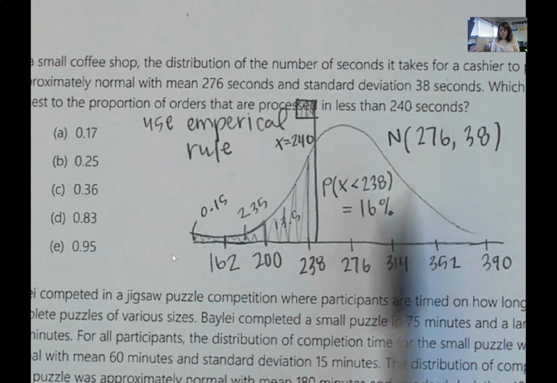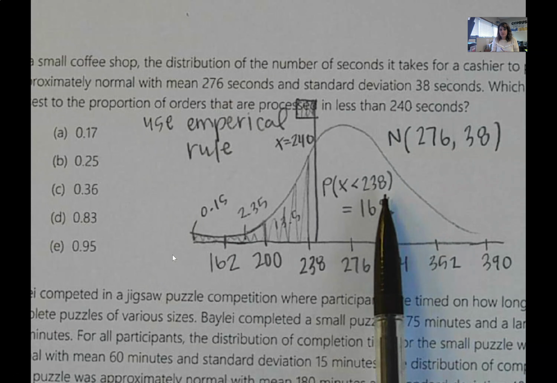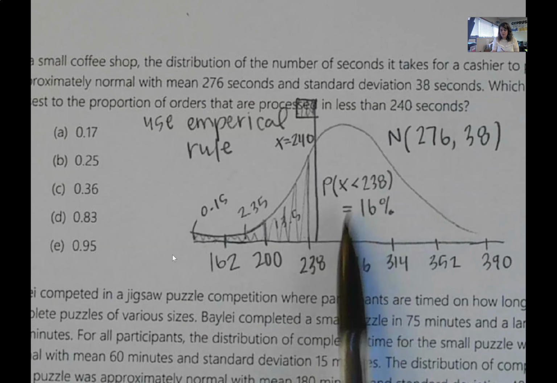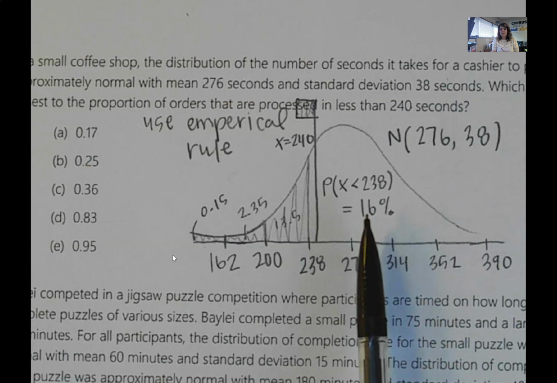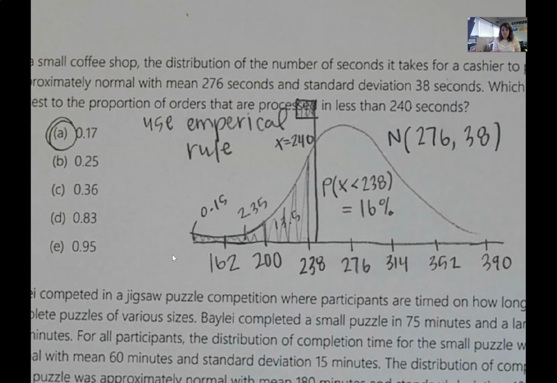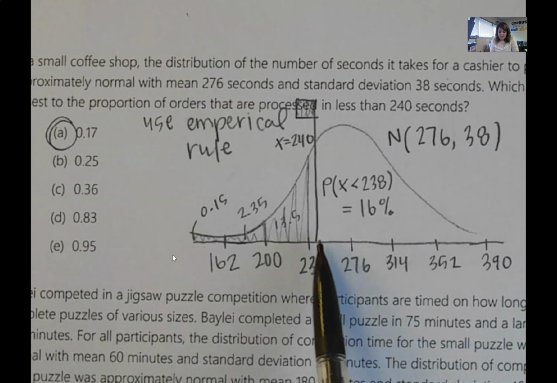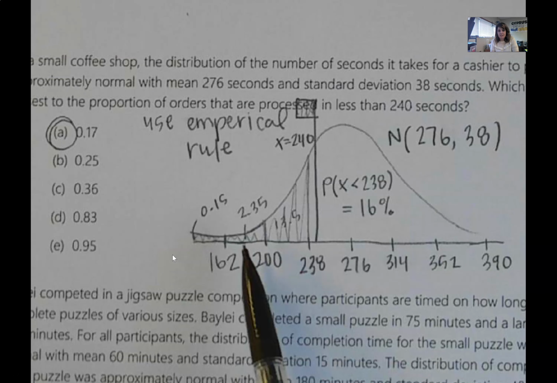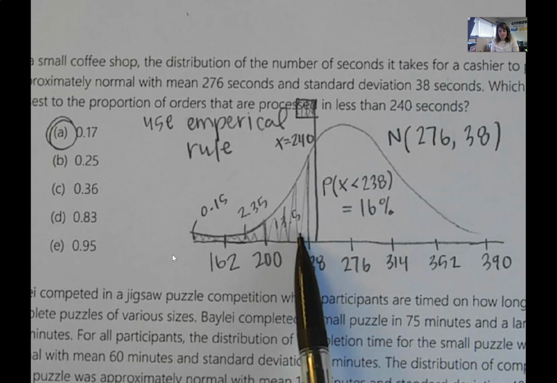Well, if 240 is really, really close to 238, then whatever percent it is, it's really, really close to 16%. So the one that is closest to 16% is A, and it does make sense that it would be bigger because look, the flag is to the right of 238. So it does include a little bit more data than just 16%.